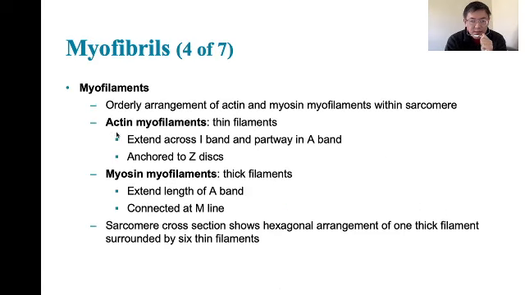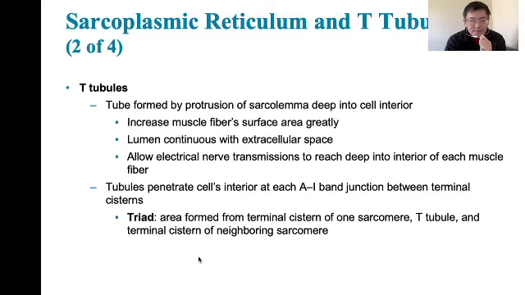So we have mentioned that thin filament is made of actin, and thick filament is made of myosin. So the myosin actually is attached to the M line. If we make a cross section of the sarcomere, we can see the hexagonal arrangement of one thick filament with 6 thin filaments.